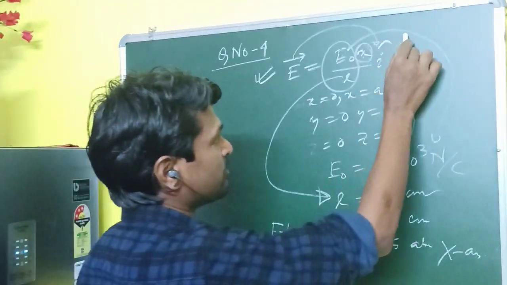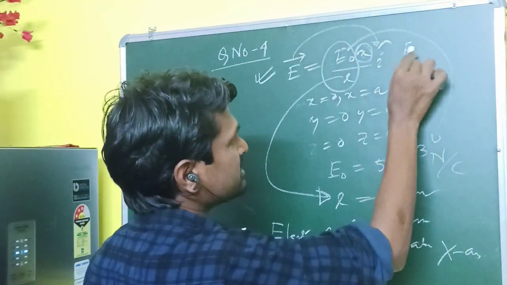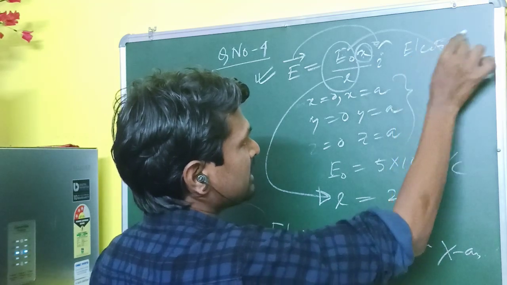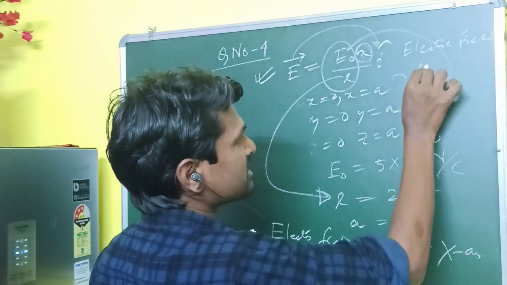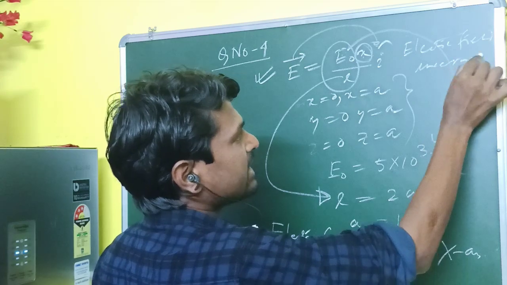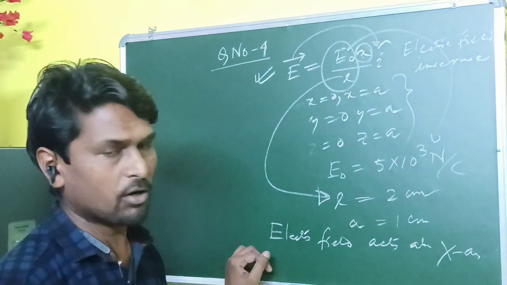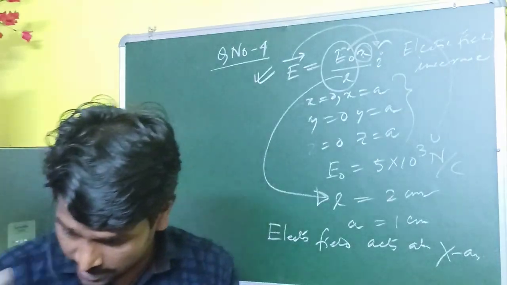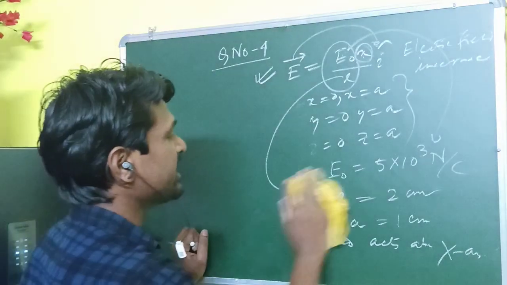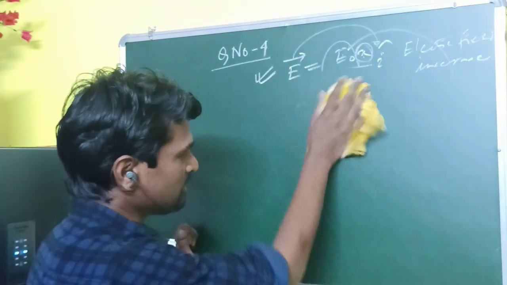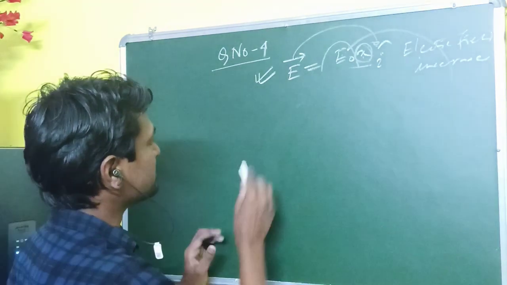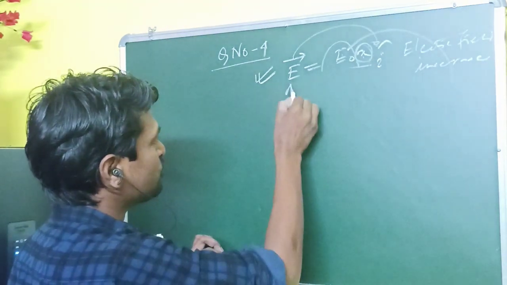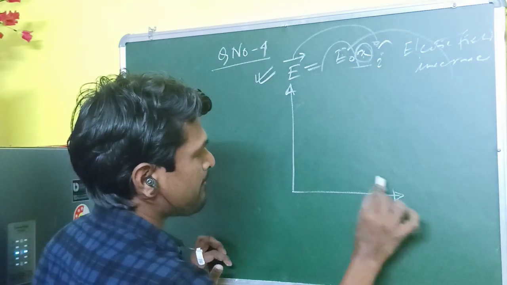So this is the vital point: the electric field increases along the x-axis. And there is a cube. The next point is that the electric field changes along the x-axis, and you have to figure out numericals like that.